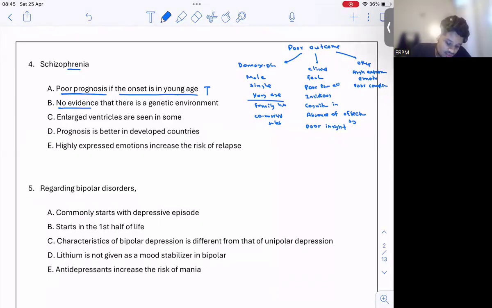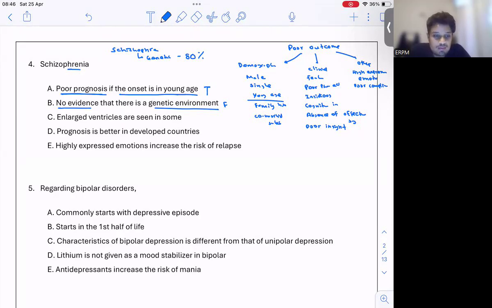No evidence that there is genetic environment. That is false, right? So what they say is in schizophrenia, there's a genetic risk of around 80%. And also there are some environmental factors which can contribute to this.